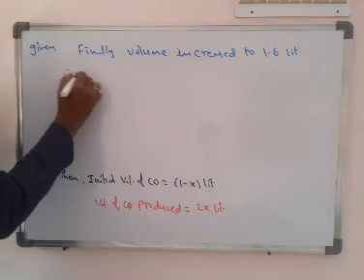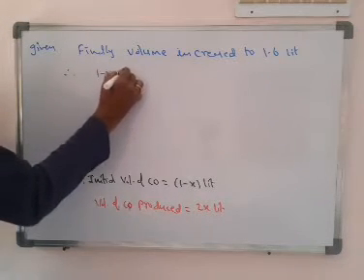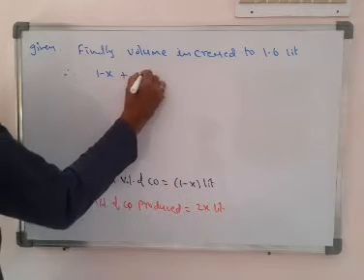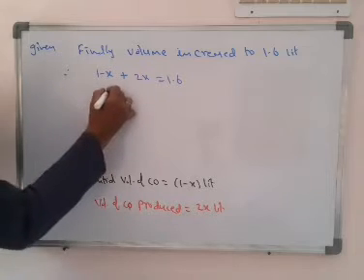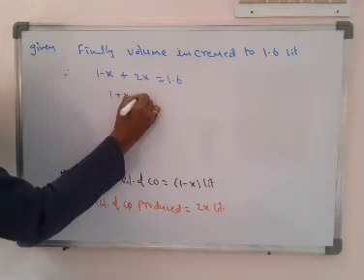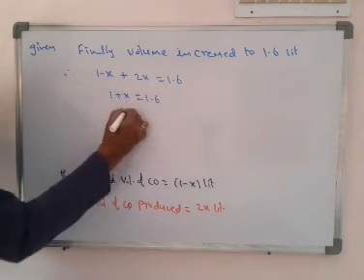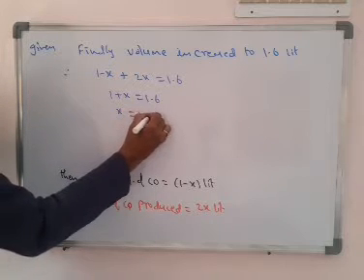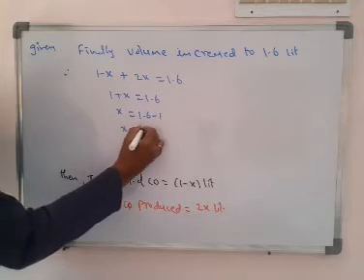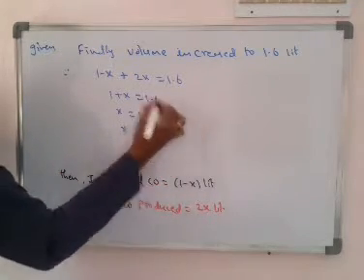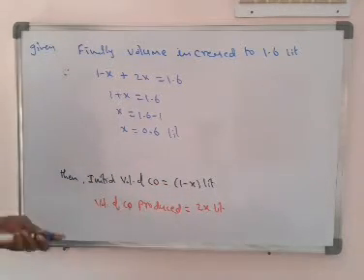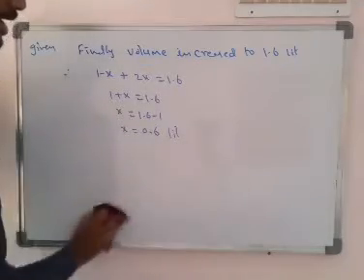So therefore 1 minus x plus this 2x equals 1.6. So 1 plus x equals 1.6. So x equals 0.6 liters. Okay, we got x equal to 0.6 liters.